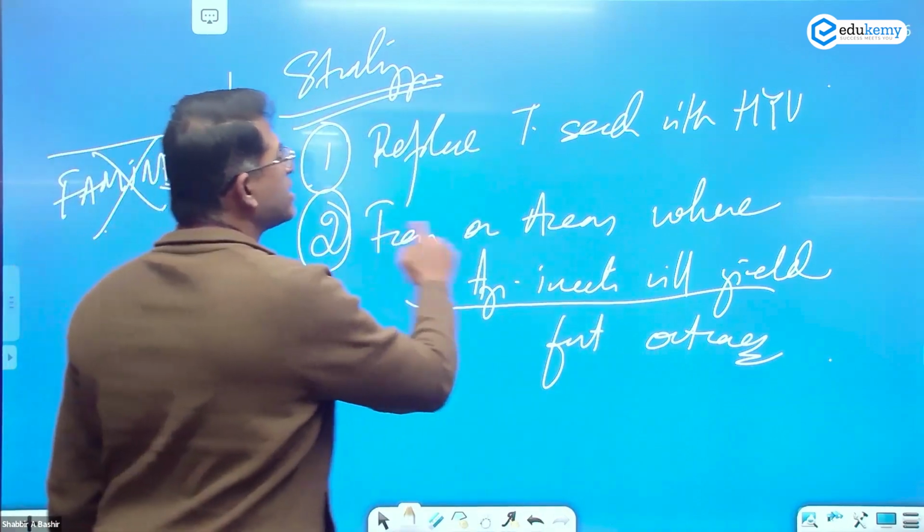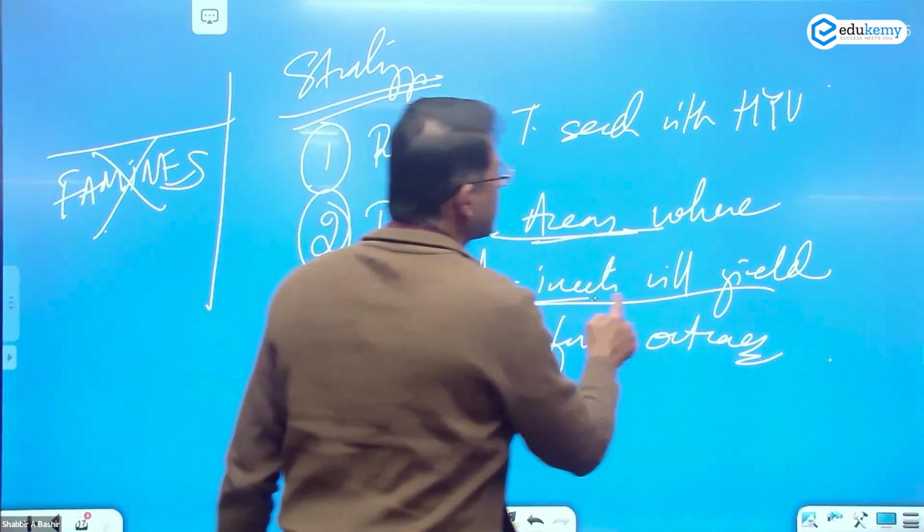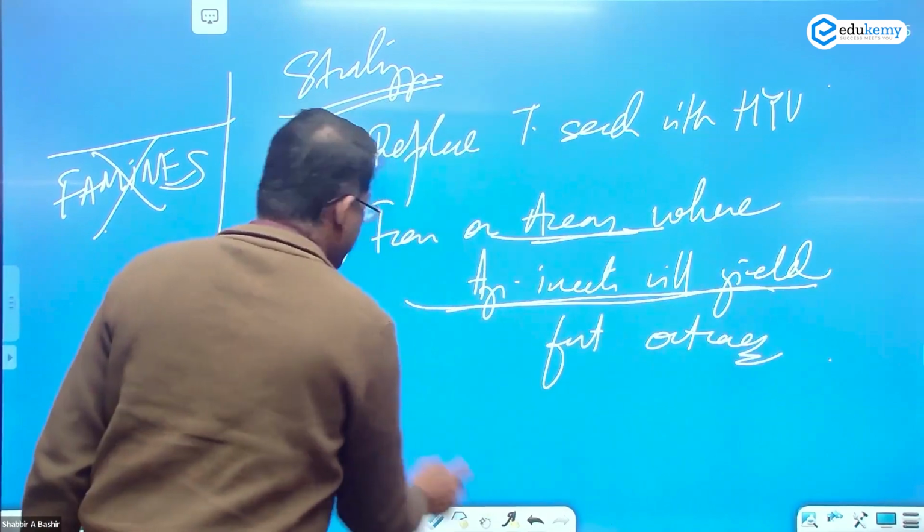So if I'm focusing on areas where agriculture investments will yield outcomes, means what?